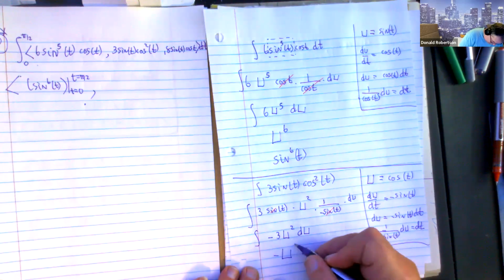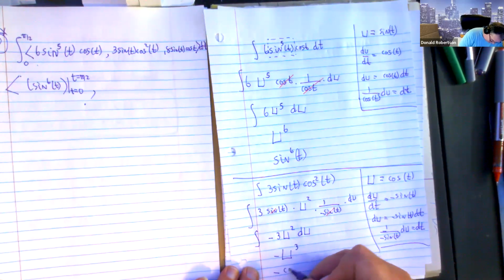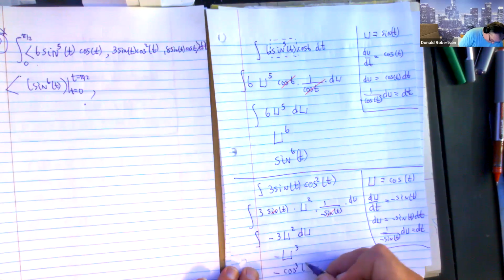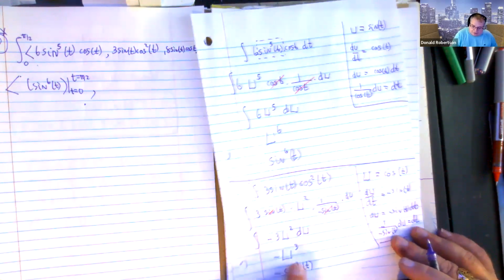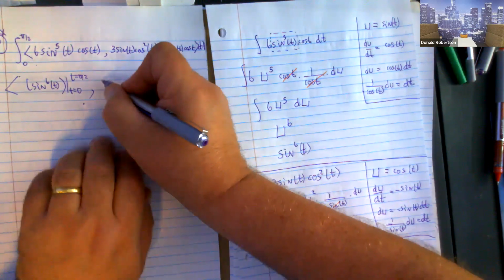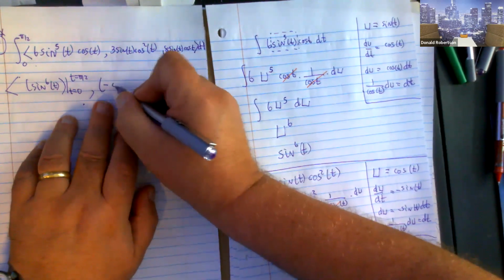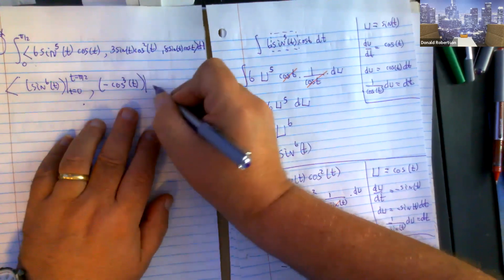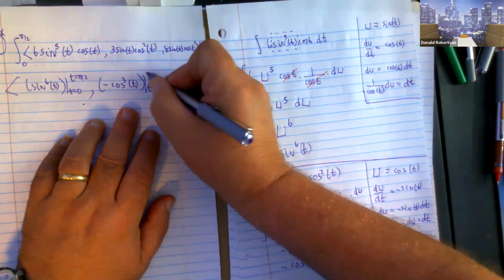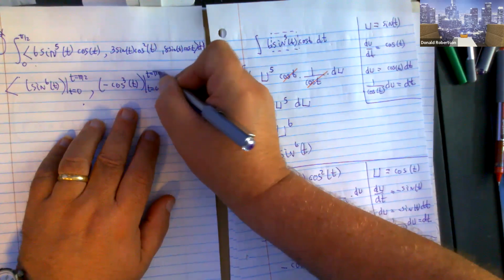Power rule. And then turn it back into cosines. So this integral is equal to negative cosine cubed t. So it's going to be negative cosine cubed t, evaluated at t equals 0 and t equals pi upon 2.